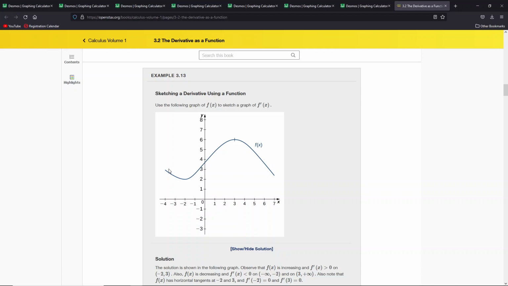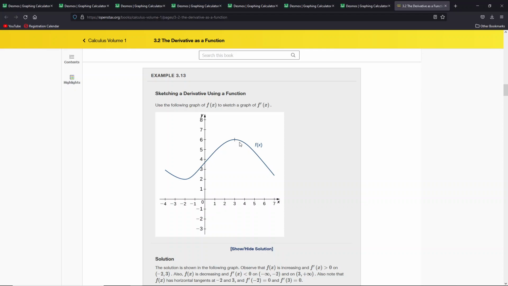And then I'll think, okay, it's going down, so that means it's negative. So the graph of the derivative should be below the x-axis. And then after that, it is positive, and it starts getting steep, but then it starts slowing down, and then I'll hit 0 again. So I know it's going to go up, but then back down here.